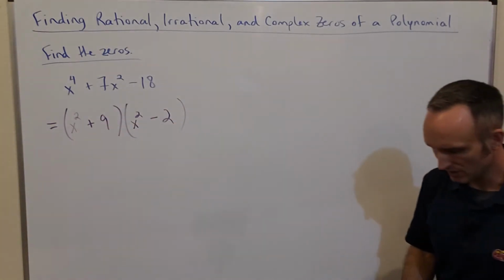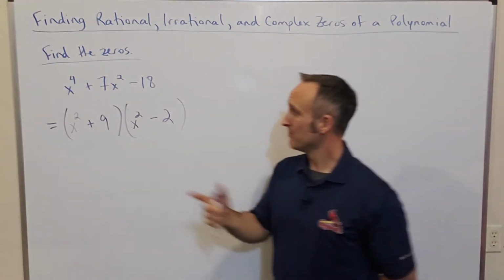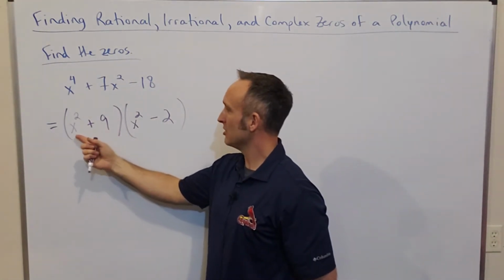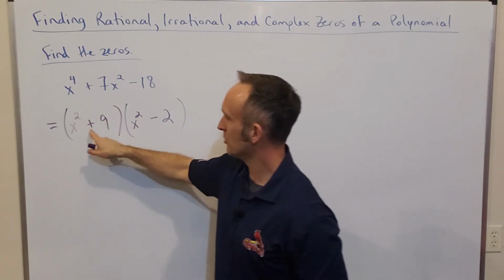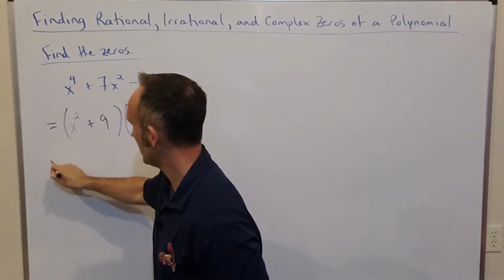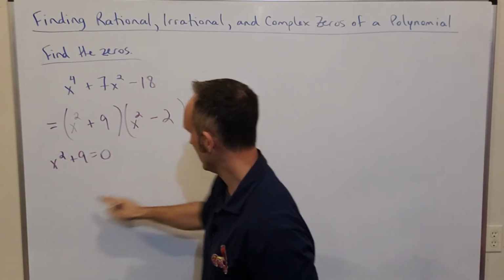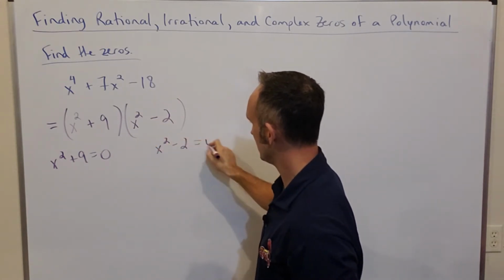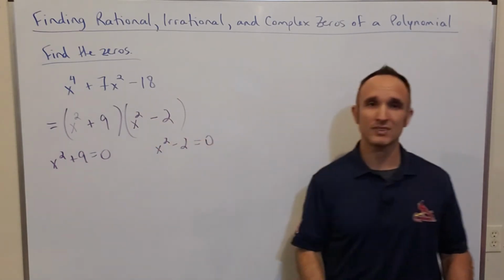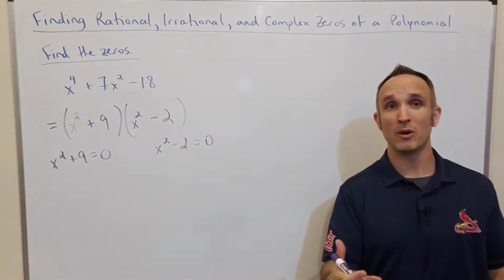Okay? Now, I need to find the zeros, right? So if I want the zeros, I need to know when this whole thing equals 0. So now, if I want the zeros of this, I would have to set that equal to 0 and solve it. And to find the zeros of this, I would set this equal to 0 and solve that. You see how these are quadratic, so I don't have to do any dividing with my rational zeros.